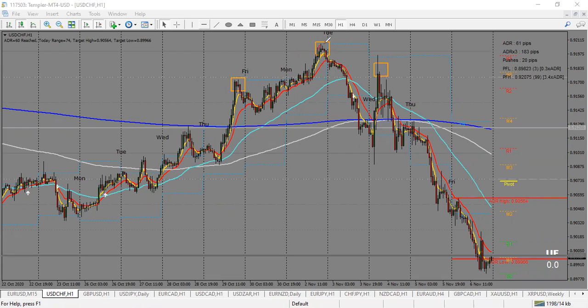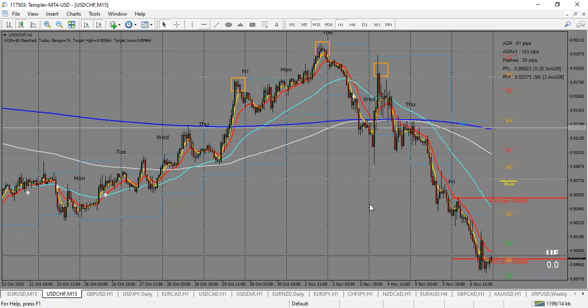On Tuesday here is where the dealer formed the high of the week, on Monday late. And on Tuesday, I think we had an ID50 here. Yes, we had an ID50 on Tuesday, I remember.